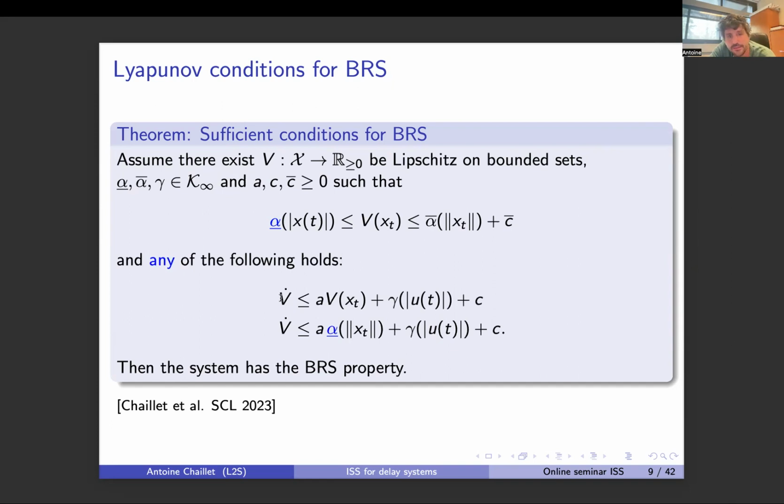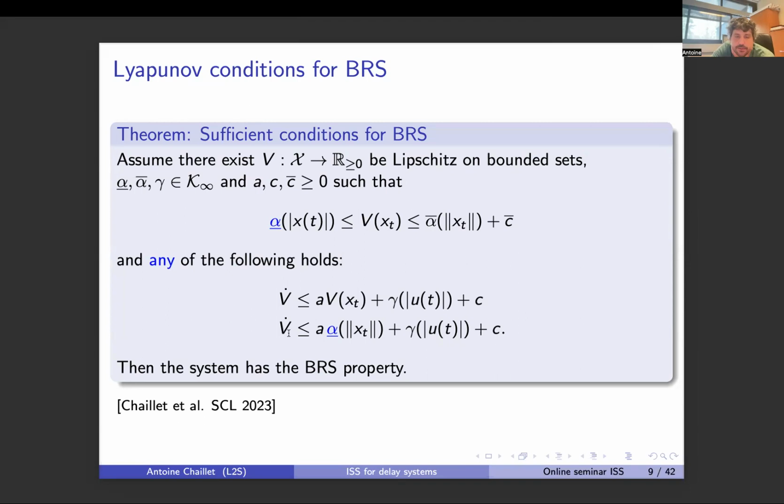So what you require is that V dot, up to the input term, explodes at most exponentially with respect to time. That means that V exists at all time, and so the solution exists at all time. That's the reason.